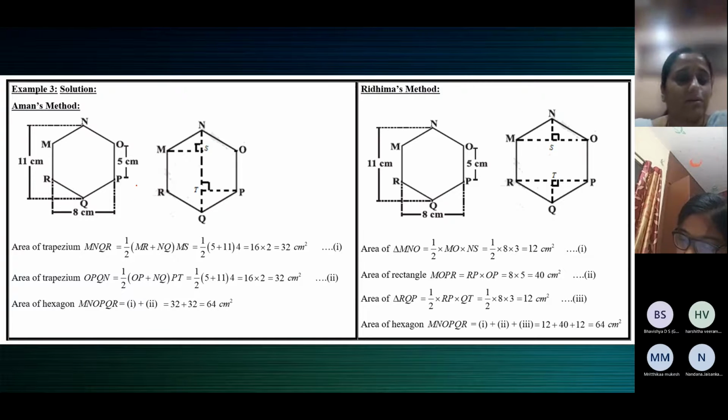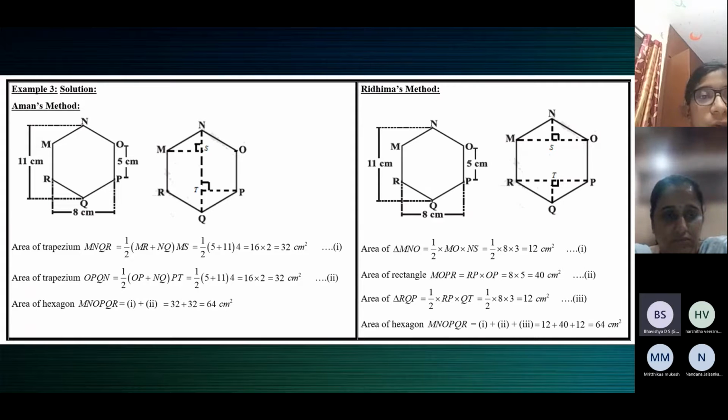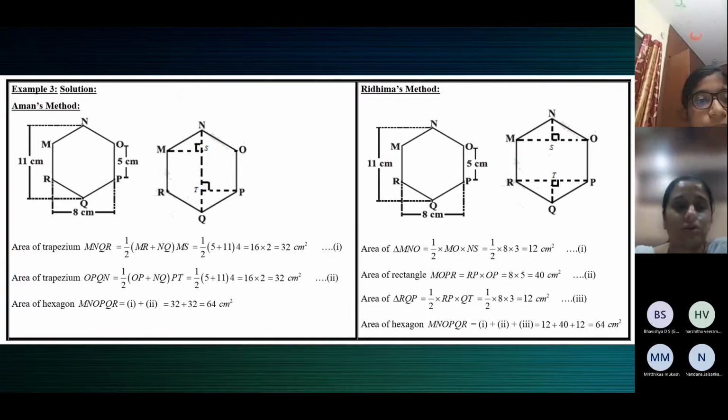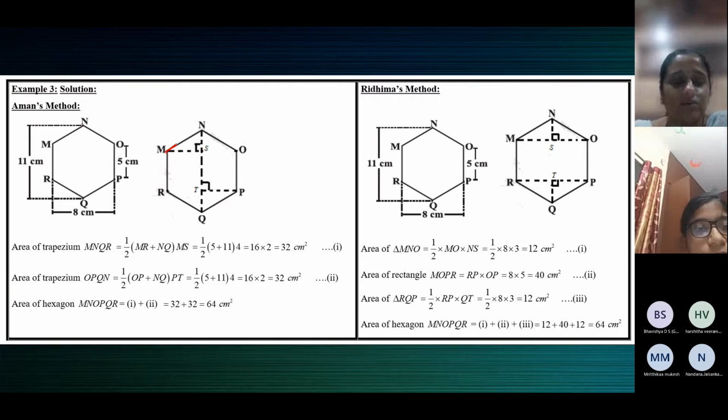All right, so now name the two trapeziums, children. Trapezium NMRO and trapezium NOPQ. Then what's the other one? Trapezium MNQR, or you must say MRQN.